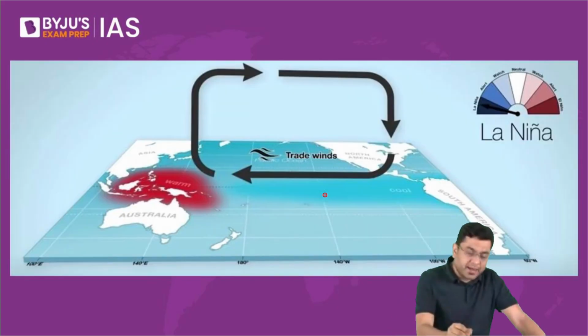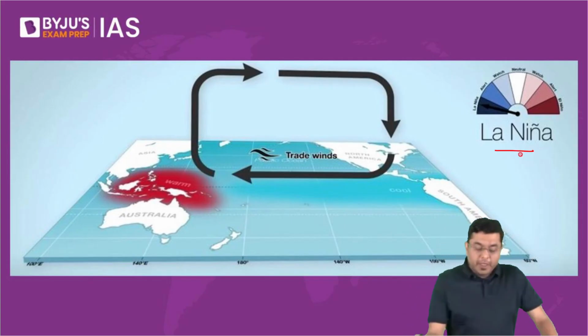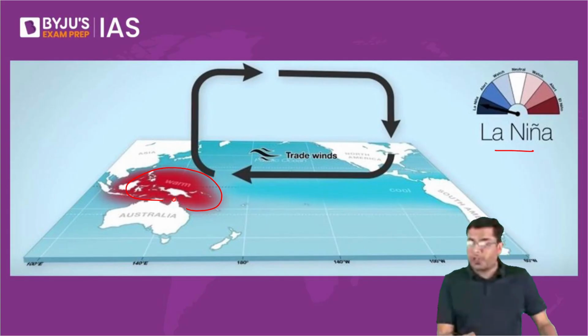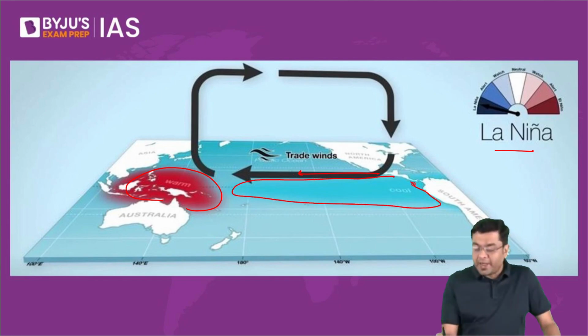So when we say La Nina conditions, you have a greater accumulation of warm water across the region of the Western Pacific. The winds get much stronger, and the colder waters spread quite significantly. So this region becomes significantly colder because of upwelling.